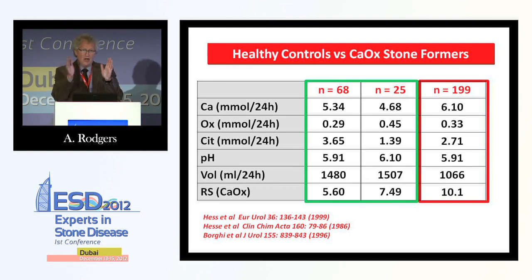So on a comparative basis, you would make that prediction, that that's the stone former. But you would be wrong, because both of those, from published in the literature, are from healthy controls.